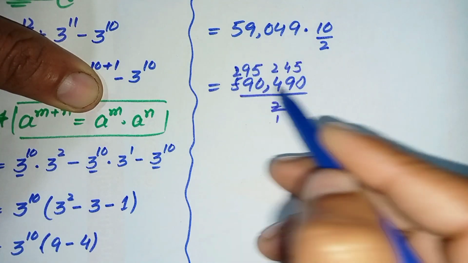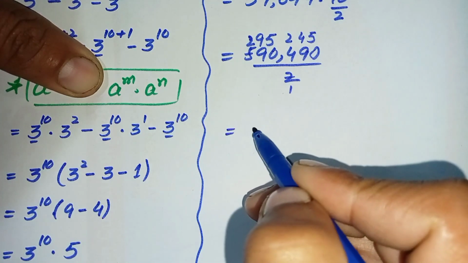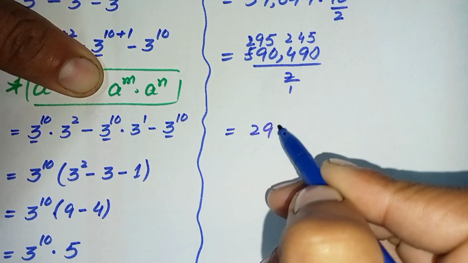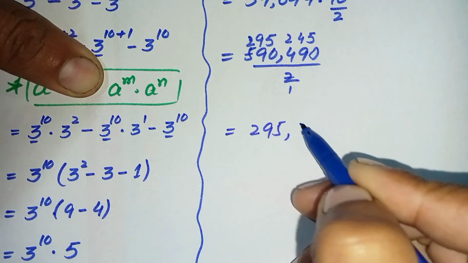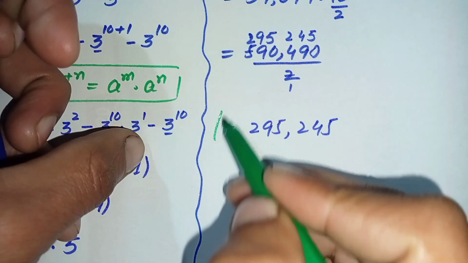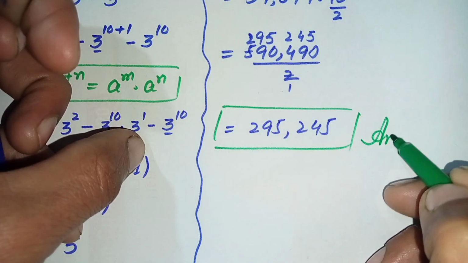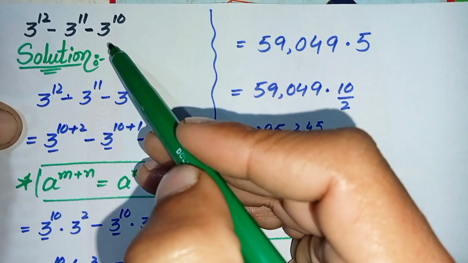So by dividing this number with 2 we will get 295,245. So this is our final answer of this nice simplification math problem.